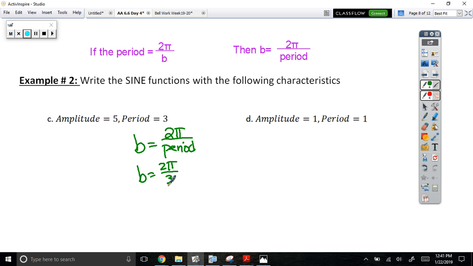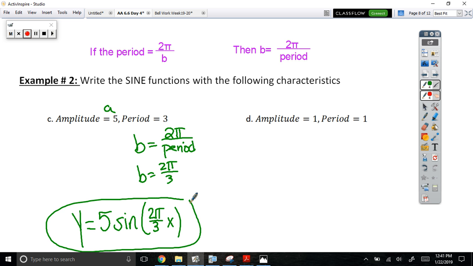So b actually has a pi in it this time. A is 5. So we'll get y equals 5 times the sine of 2 pi thirds x. That may happen in the homework, that pi stays up in the equation.